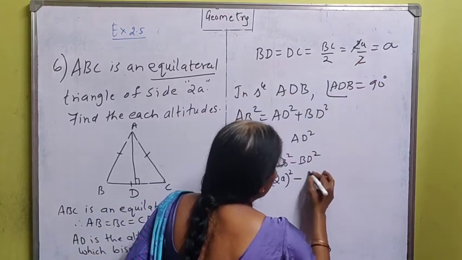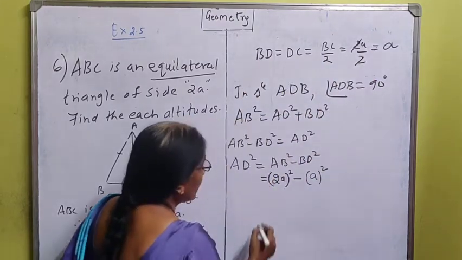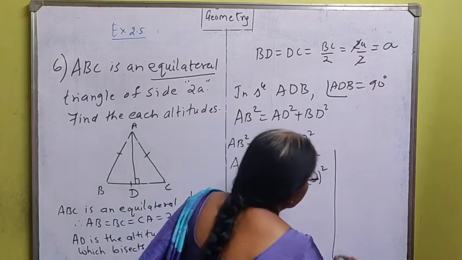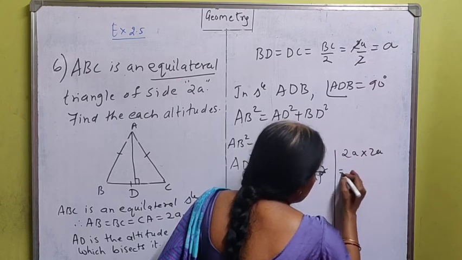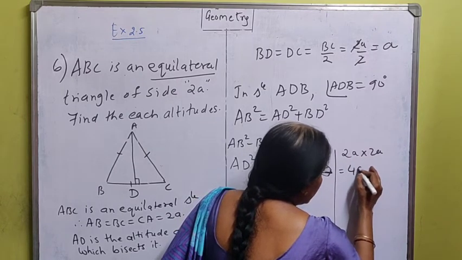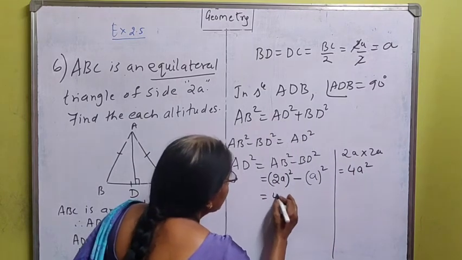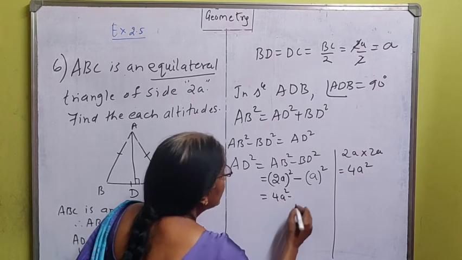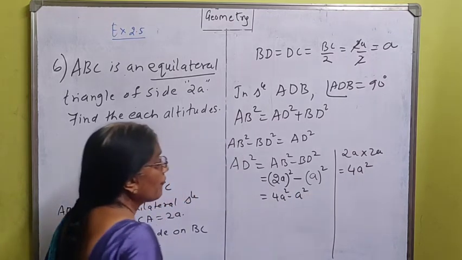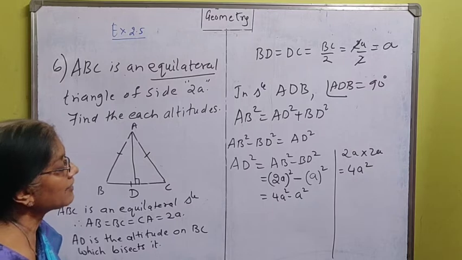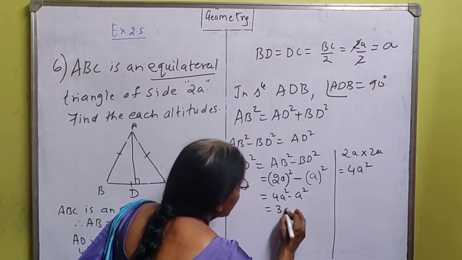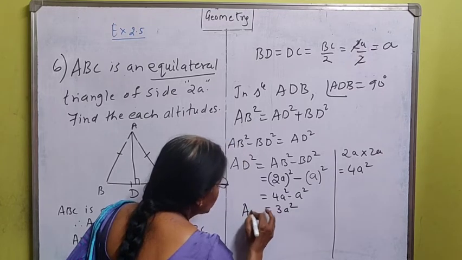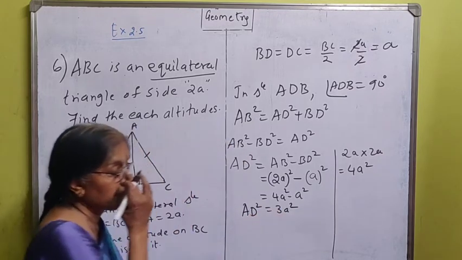BD value is A. So A the whole square. 2A the whole square means 2A into 2A, which is 2 2s are 4, a into a is a square, so we get 4a square. A the whole square is a square. From 4a square you have to subtract a square, means 1a square is subtracted, so we get 3a square. So AD square is equal to 3a square.